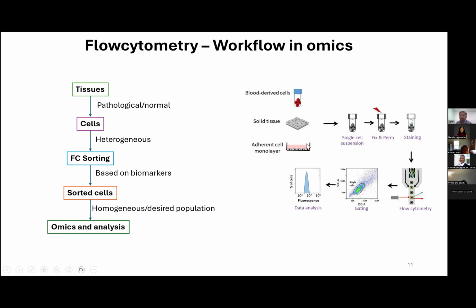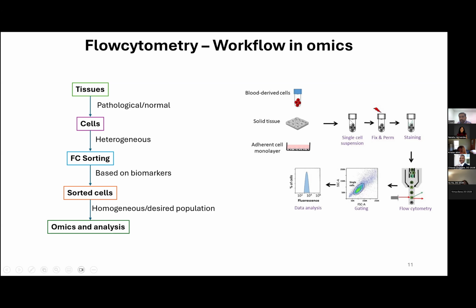Here again, there is a workflow. If you look into blood-derived cells, we have already seen the gating and cell distribution in blood cells. And also, if you look into solid tissue, just isolate, make the single cell suspension, fix the cells. So this is the flow protocol.